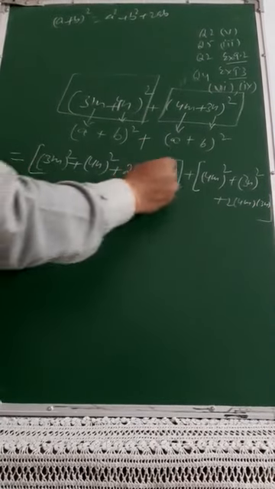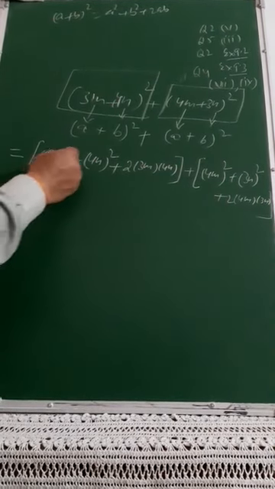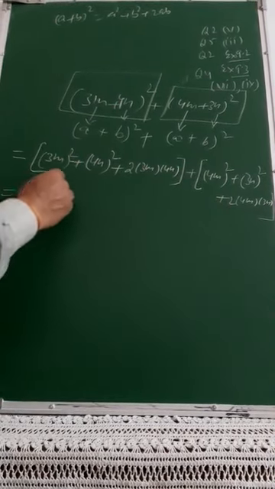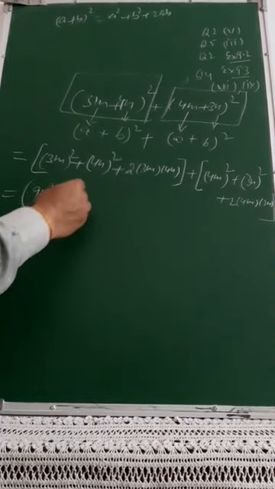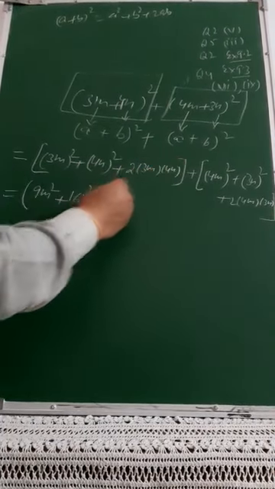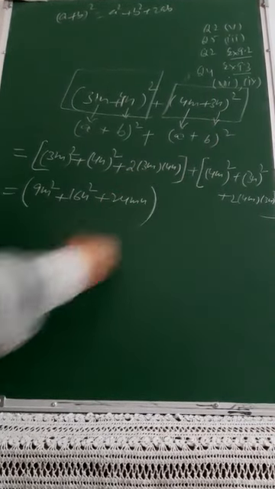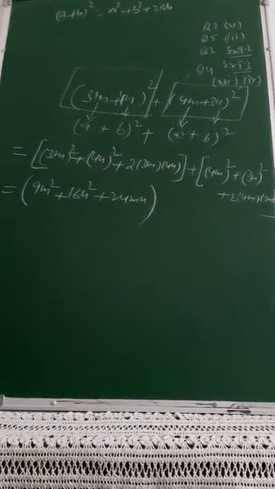Now you solve these brackets, so you can write the result within the small brackets. 3m square means 9m square, 4n square means 16n square, 2 3s are 6, 4s are 24, all are plus, so plus 24mn, and close the bracket.